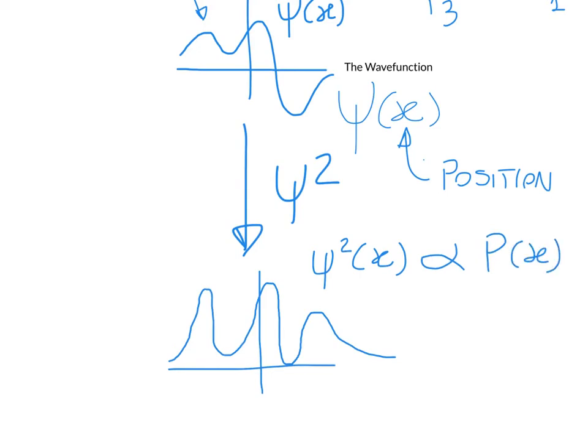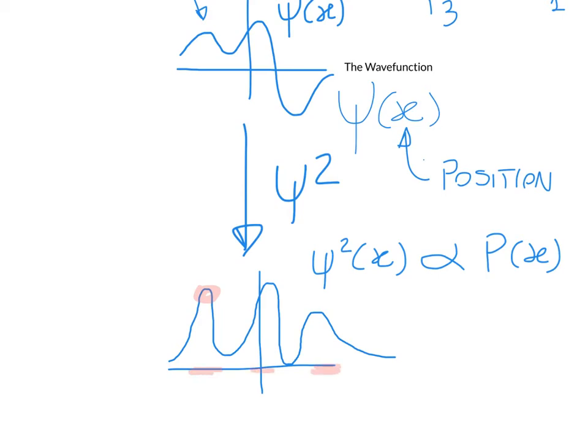Well, it means that if we look at this function, this particle will be very likely localized in the red zones here, so in this position here, and in this position here, and in this position here.